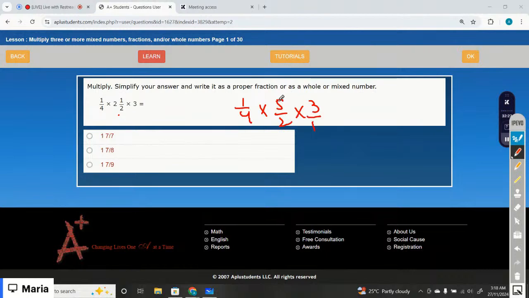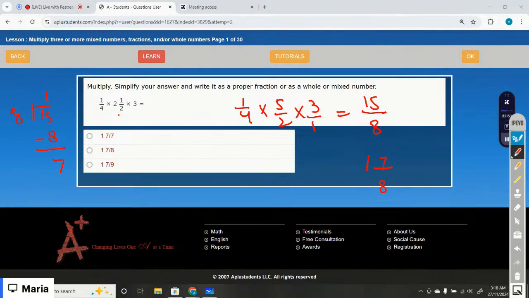Let's just multiply all the numerators. 5 times 3 is 15 and 4 times 2 is 8. So let's just divide. 8 times 1 is 8. 15 take away 8 is 7. That is 1 whole 7 over 8.